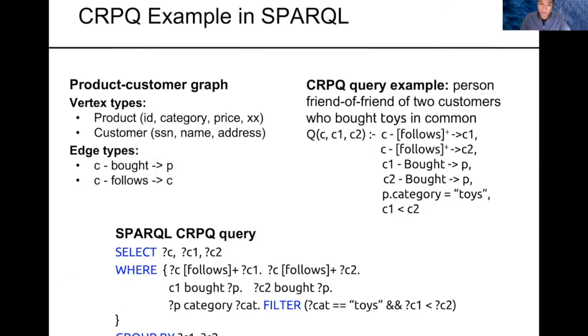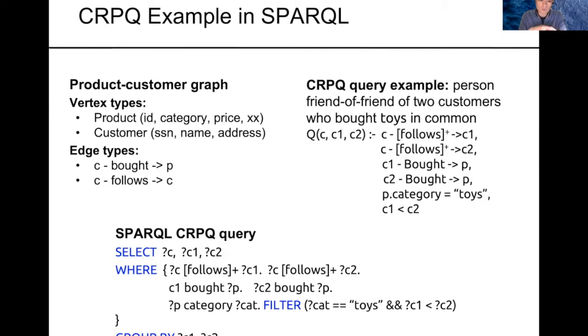Okay. Here, we will use the SPARQL query to express the conjunctive regular path query. We will take the product customer graph and a conjunctive regular path query.